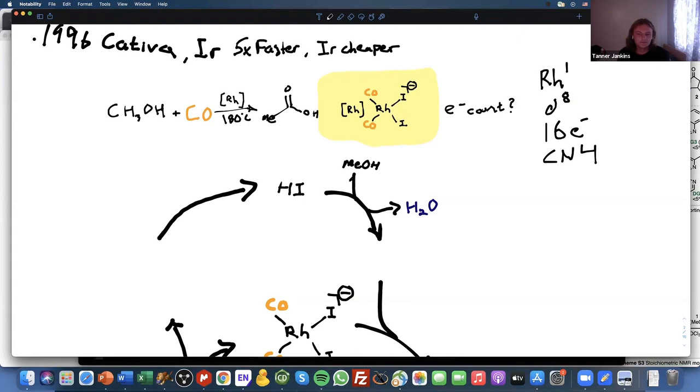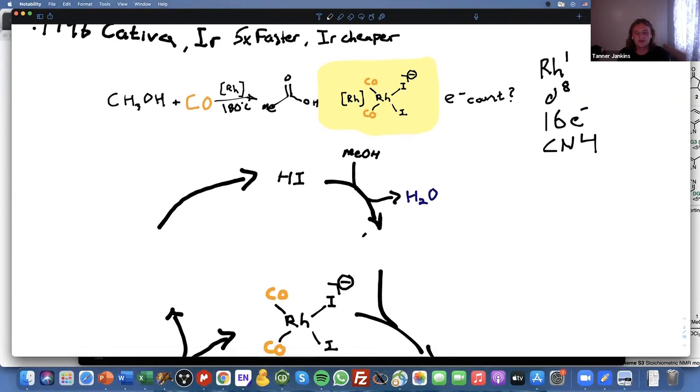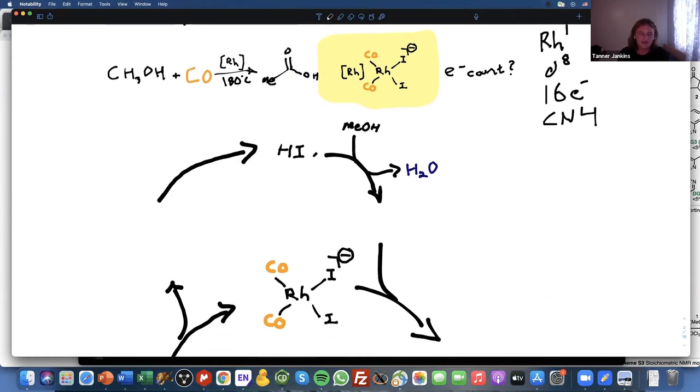And so in this reaction process, as you would imagine, you want to use the cheapest materials and potentially generate your catalytically relevant species in situ.